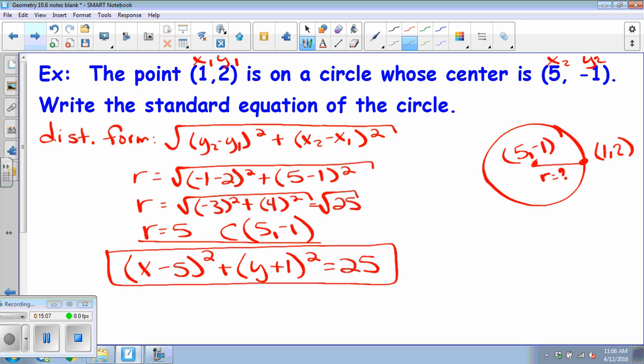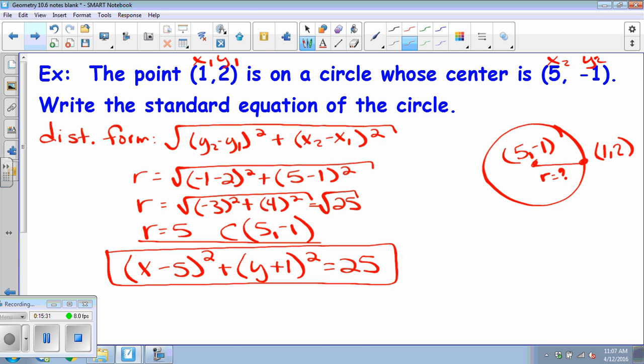Now we'll look at what she was talking about. She said, couldn't you just plug in x and y into your generic equation of a circle and solve for r? Yeah, you could. And you might find that easier, especially if you don't remember what the distance formula is.